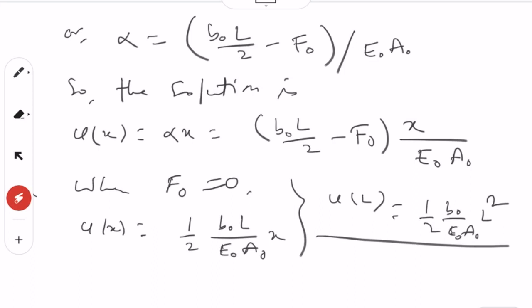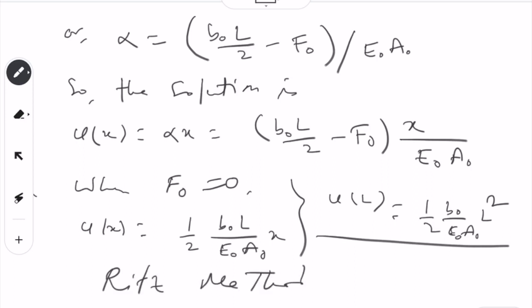Okay. So this is what you call the Ritz method. Here it is very easy to relate to in case of a structure, because this has potential energy.